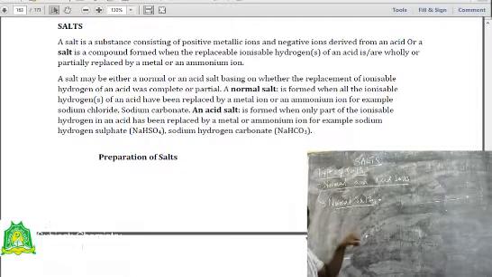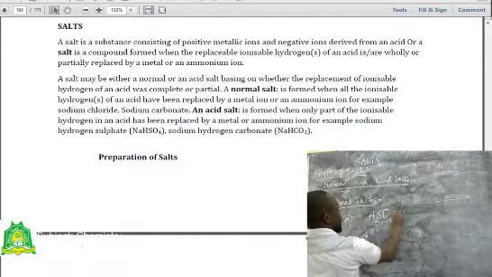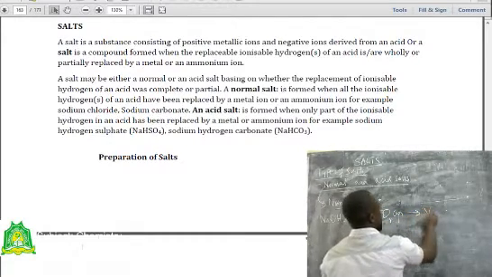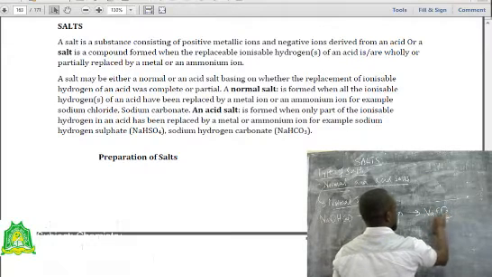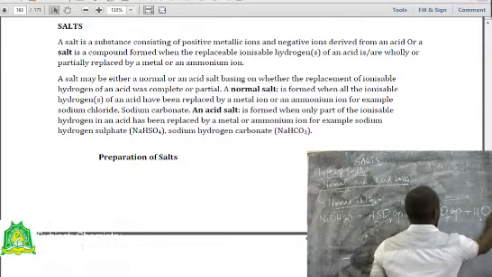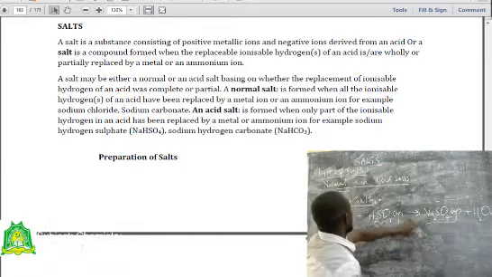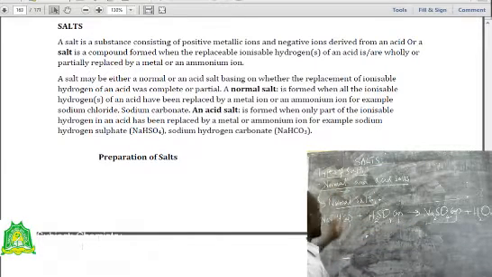All of them we get from replacing hydrogen ions of the acid by a metallic ion. So, for instance, sodium hydroxide reacting with sulfuric acid, we get sodium sulfate, aqueous, plus water. Our salt is the sodium sulfate, and we say this salt is normal. Why is it normal?